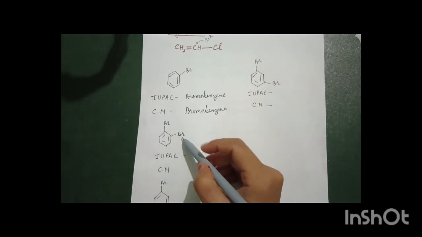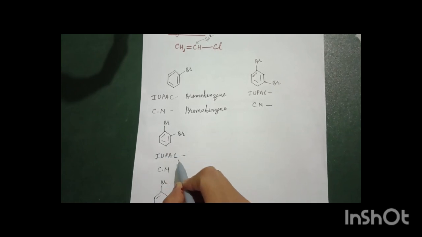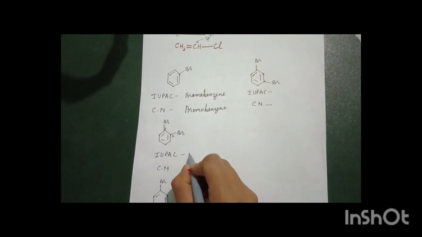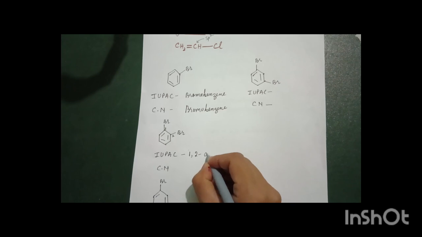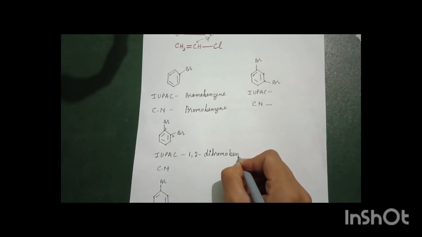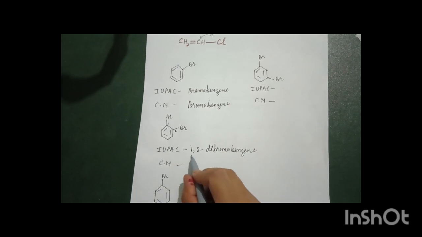Now in case of IUPAC name, it is a little bit different. Sorry, we have two Br groups. So in the case of IUPAC name, we will always number it 1, 2. How many bromo groups are there? So dibromobenzene. In case of common name, we are not going to use 1, 2.